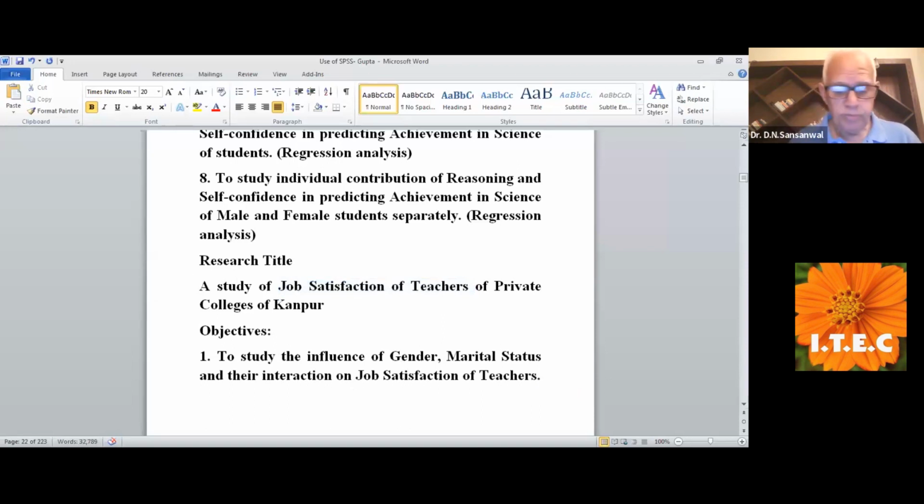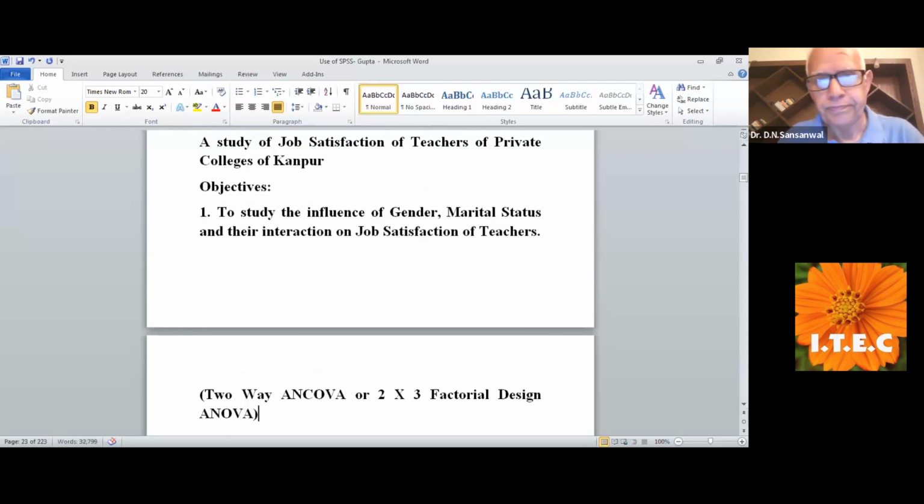If this is my objective, then here I have to use two-way ANCOVA, or gender has got 2 levels, and if marital status has got 3 levels, then 2 by 3 factorial design and ANOVA. So this is the one objective that you can write.